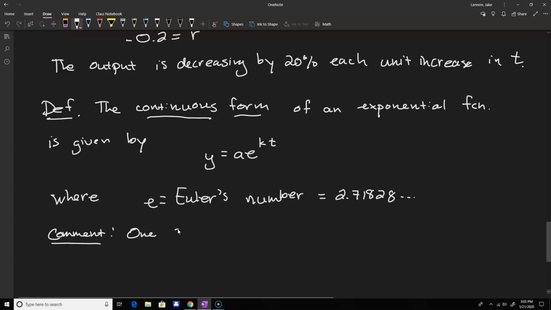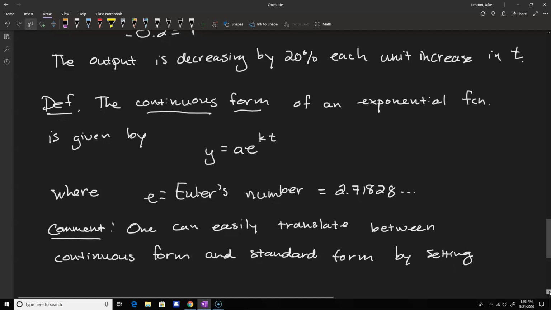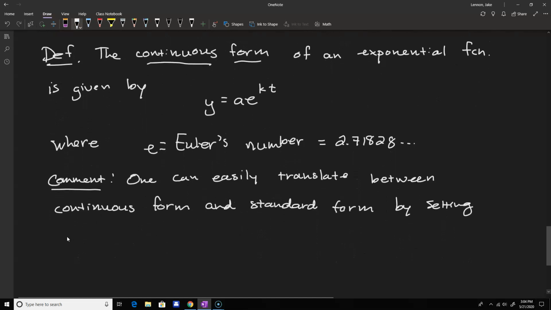One can easily translate between continuous form and standard form by setting b equal to e to the k and solving for whichever ones you don't know.